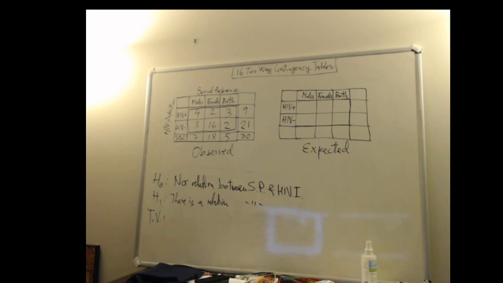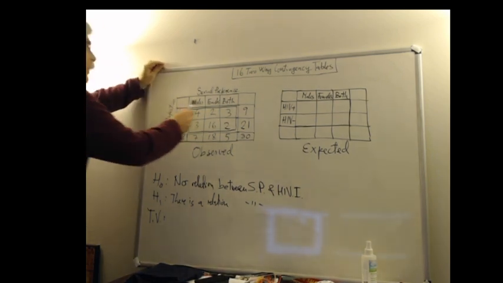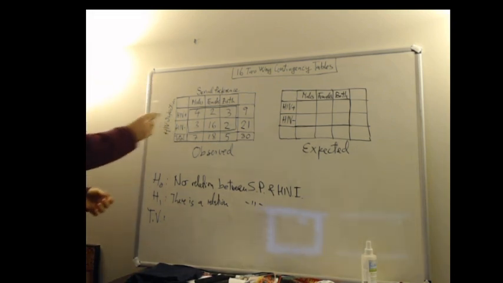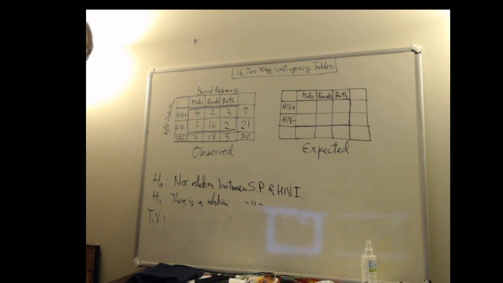Now how do I know that? Well, I have 3 categories of sexual preference. That's 2 degrees of freedom. I have 2 categories of HIV infection, positive or negative. That's 1 degree of freedom. So we multiply the degrees of freedom of the first variable and the second variable.